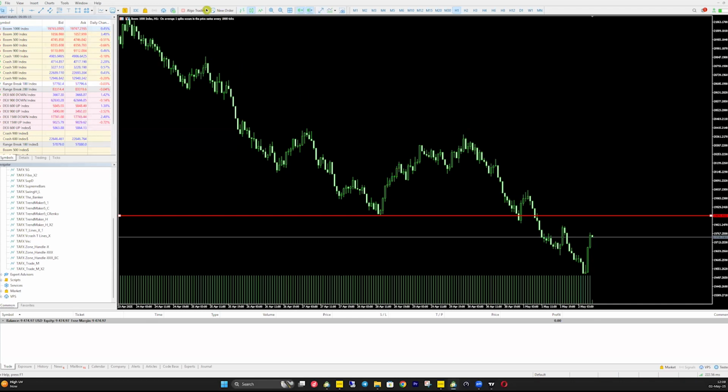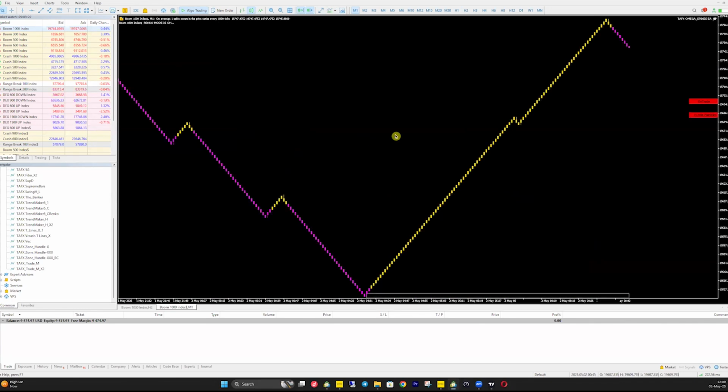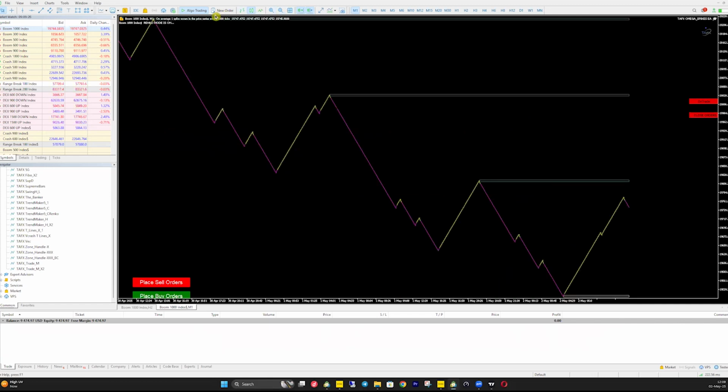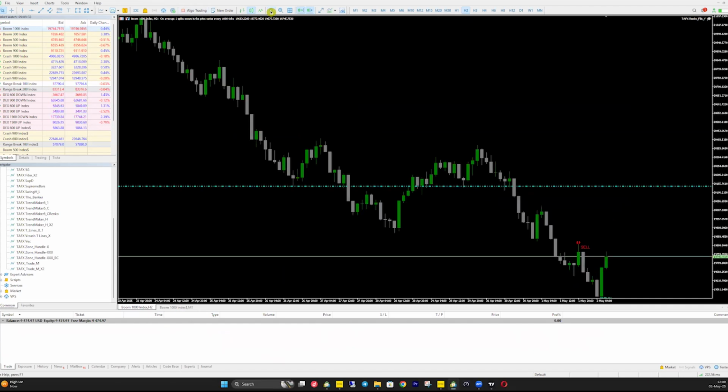So let's go now to our chart and learn something here. We are going to learn this with our Boom and Crash, but this analysis works with all our systems. So number one, let me pause here and go now to our Renko chart, our candle chart. This is where we get the signal.